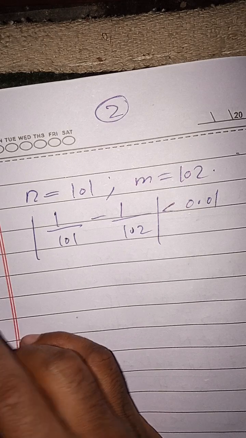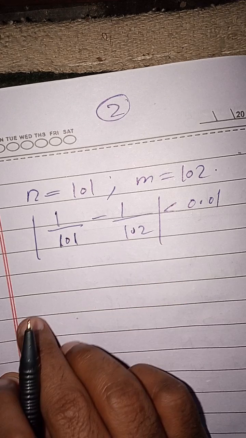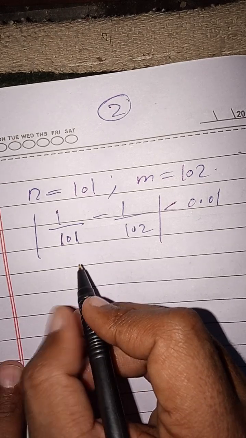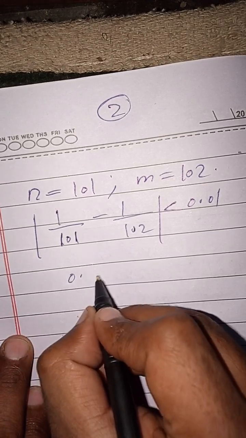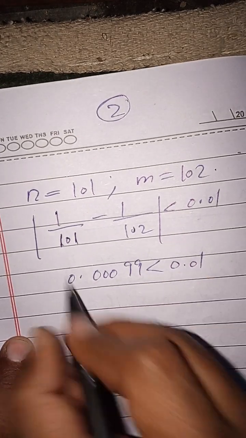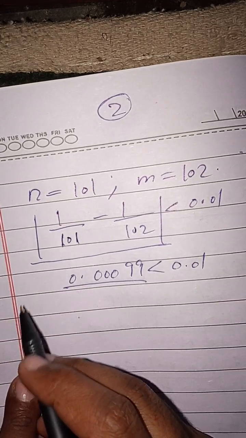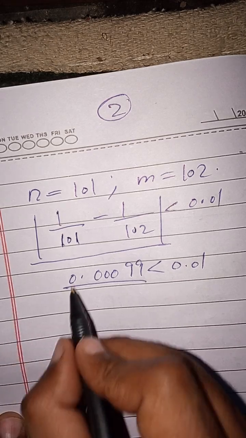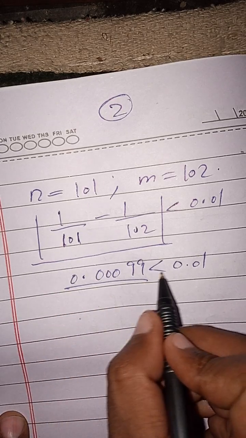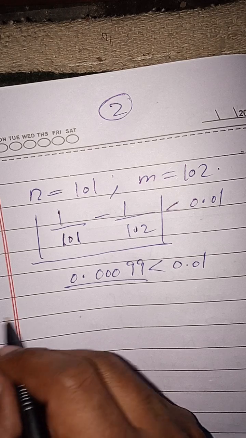If we take n equal to 101 and m equal to 102, then after dividing and solving we get 0.00099, which is less than 0.01. The definition says that the distance should be less than the epsilon value, then that sequence is Cauchy.